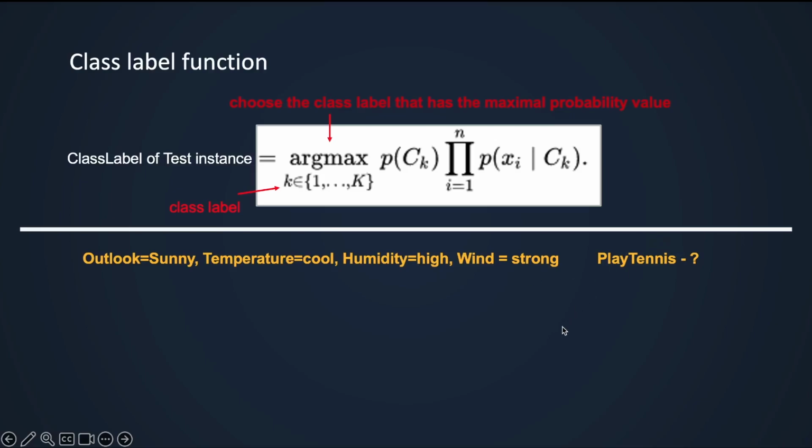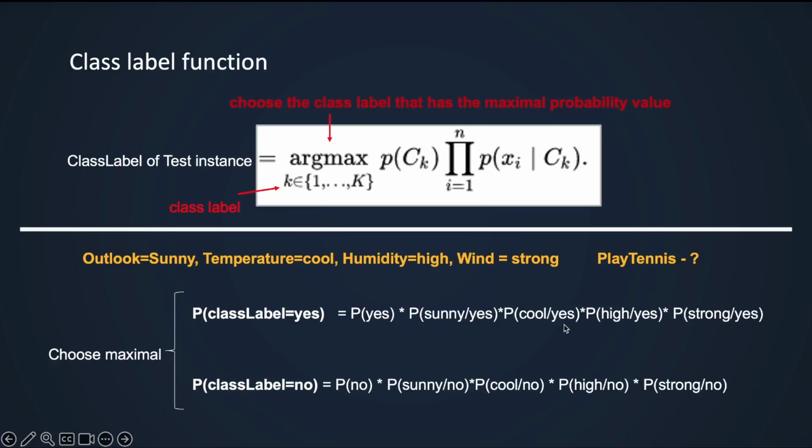Now, to predict the class label, first we come up with the probabilities of class label equivalent to yes and probabilities of class label equivalent to no.